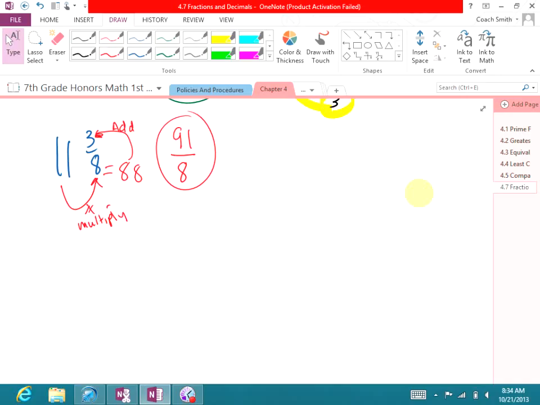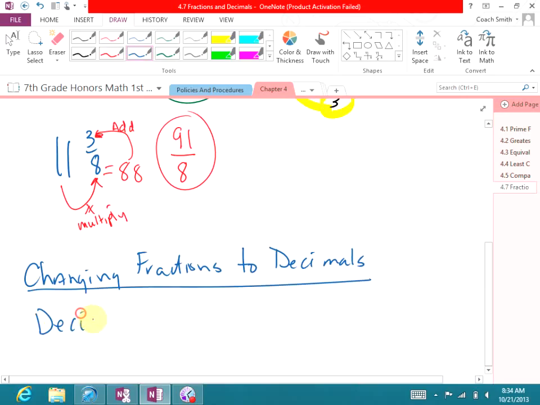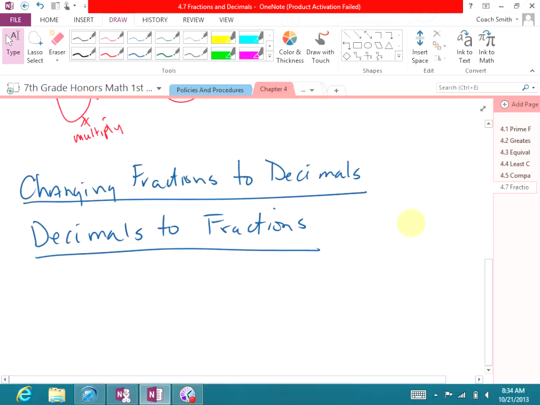Now, what we're doing today is we are going to talk about changing fractions to decimals, and then decimals to fractions. Those are the two things that we're going to discuss.